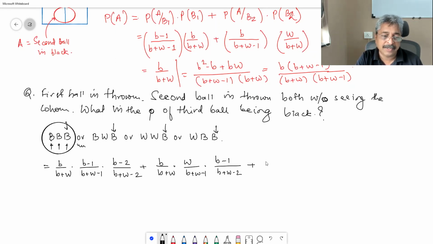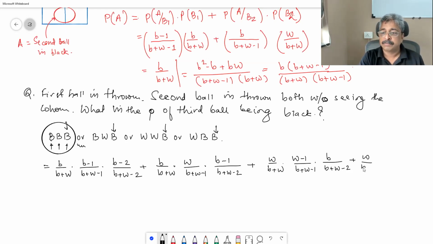Plus, first ball is white, W upon B plus W. Second ball is white, W minus 1 upon B plus W minus 1. Third ball is black, all black balls are there, B upon B plus W minus 2. Plus the last one, W upon B plus W into B upon B plus W minus 1 into B minus 1 upon B plus W minus 2.